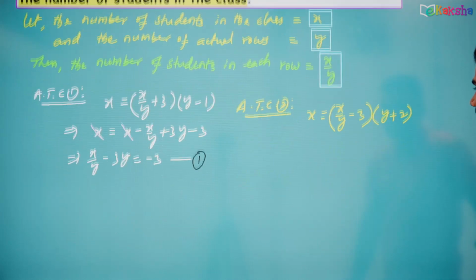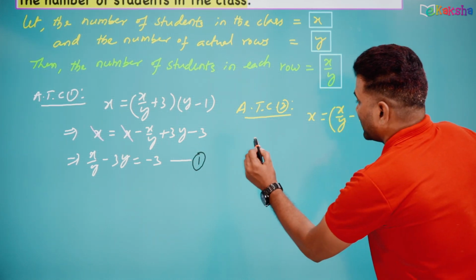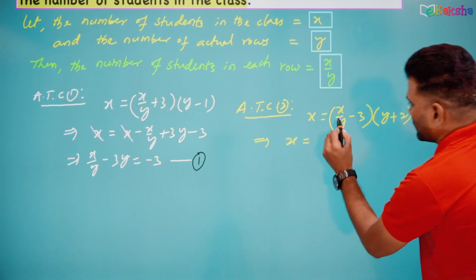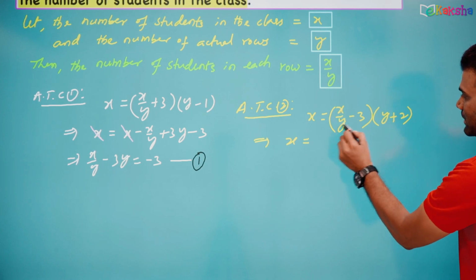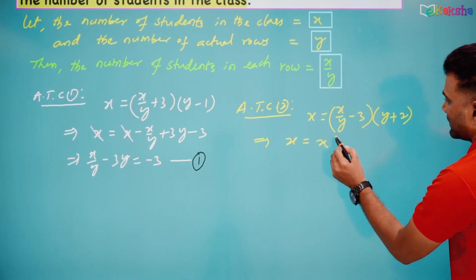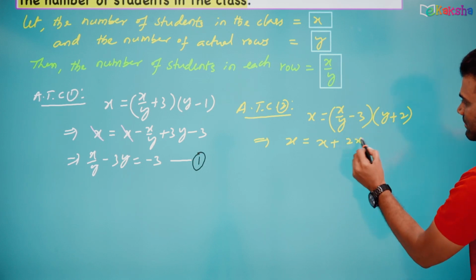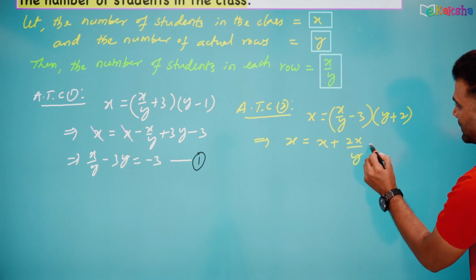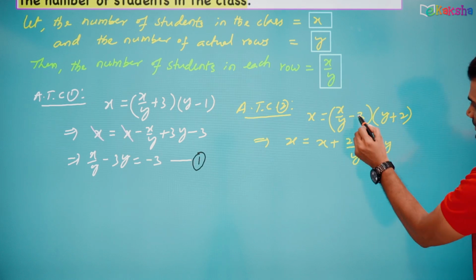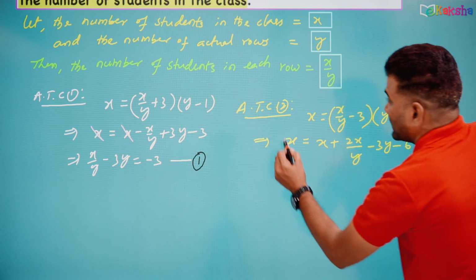Again I am reducing this equation into linear form. x is equal to, on multiplying this, x upon y into y, y gets cancelled, we get x, plus 2 times x upon y, that is 2x upon y, minus 3 times y, 3y, minus 3 times 2, 6.